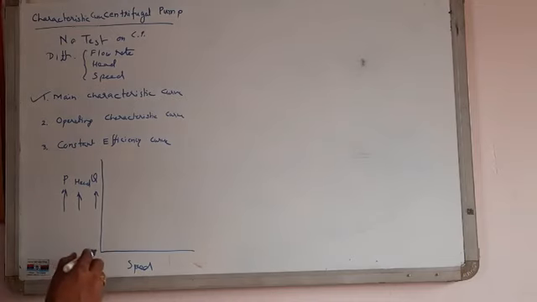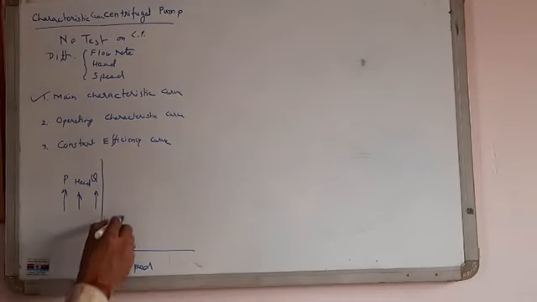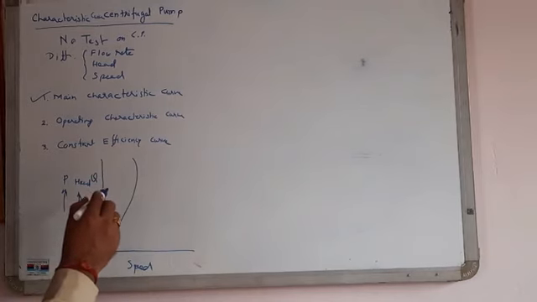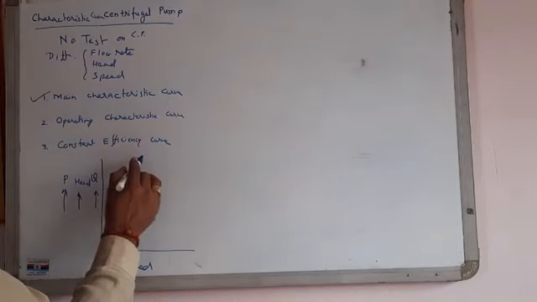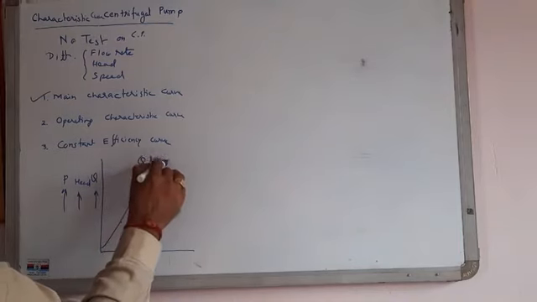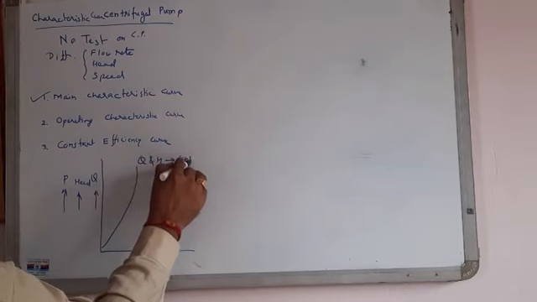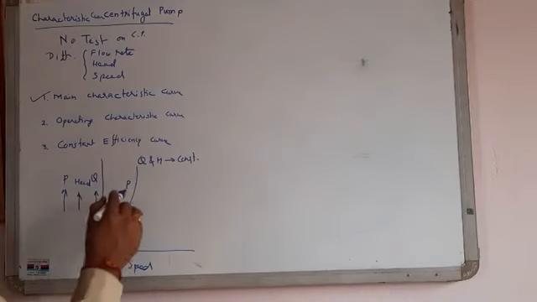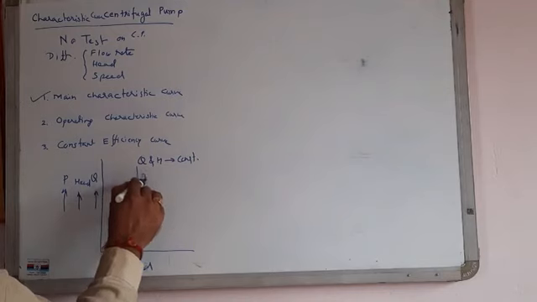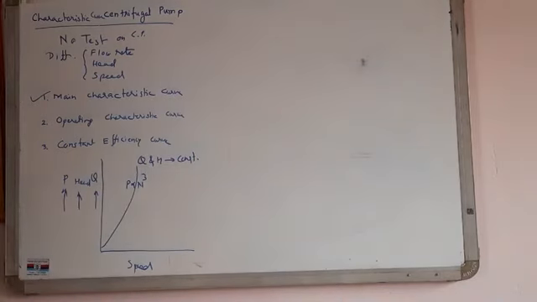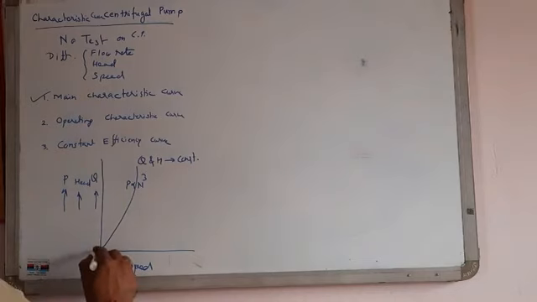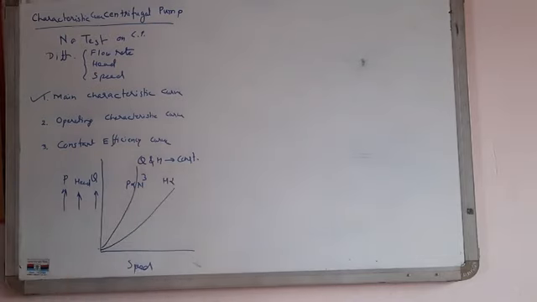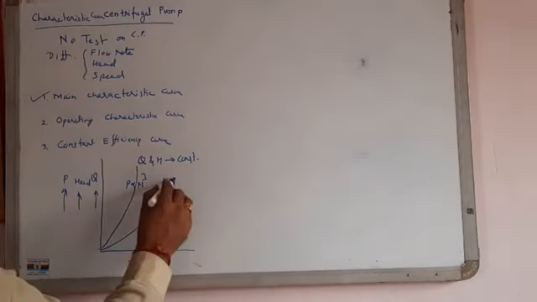So when we make the curve for power, this is the nature. For power, Q and H are constant. This is the curve for power is proportional to NQ. Then next, head is proportional to N square.